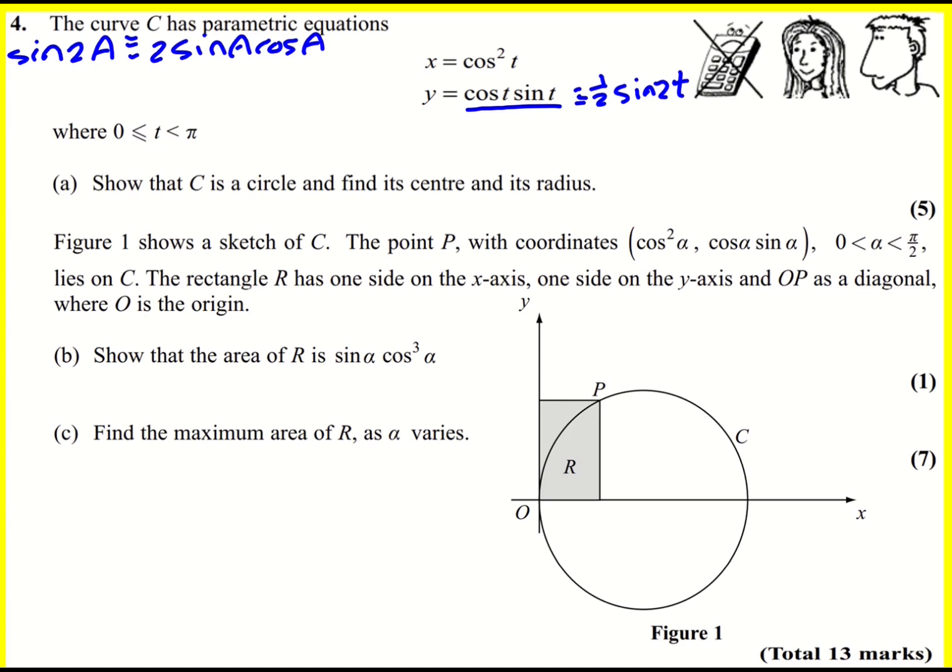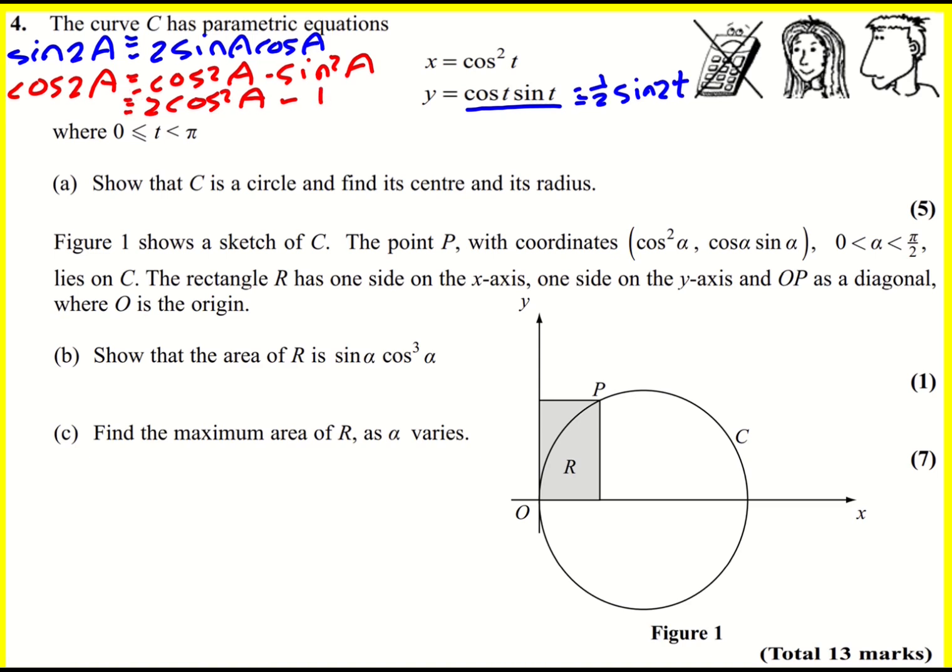So let's take a look now at the cos squared. I'm going to get a double angle formula involved here as well. So cos 2a is identical to cos squared a minus sine squared a. And we can replace sine squared by 1 minus cos squared, which gives me 2 cos squared a minus 1 as an alternative for cos 2a.